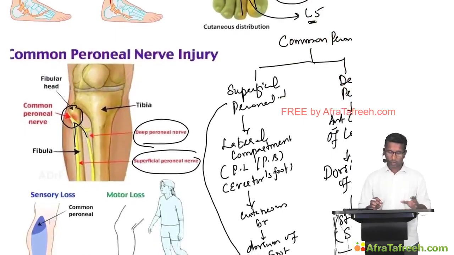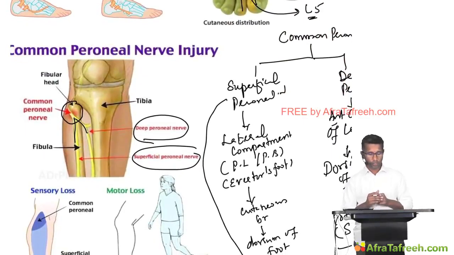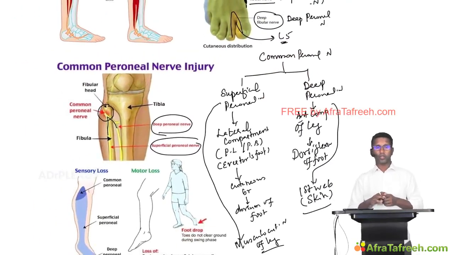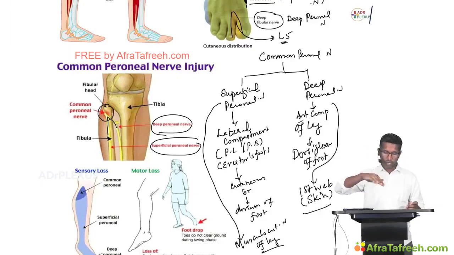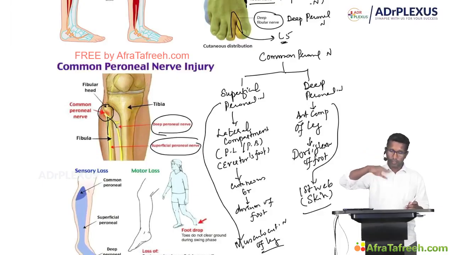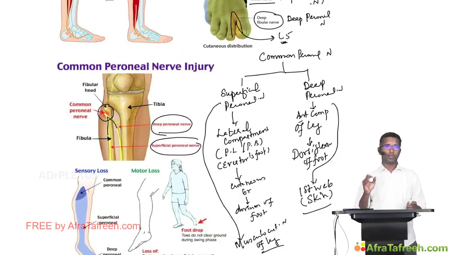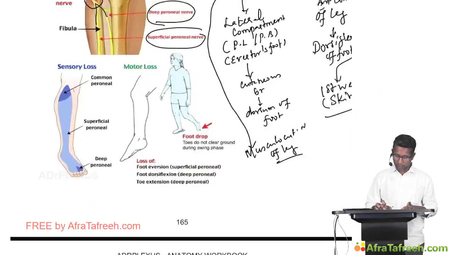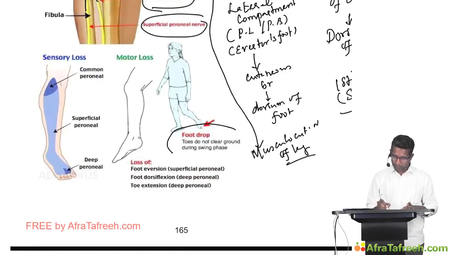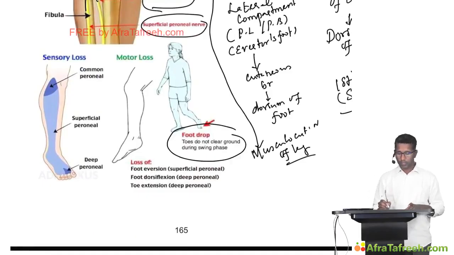Whenever there is a common peroneal nerve injury, the dorsiflexors of the foot are not working, so the foot falls down and causes foot drop. A deep peroneal nerve injury also results in foot drop. That is what they are showing in the picture here. Foot drop happens because of the loss of foot dorsiflexion.